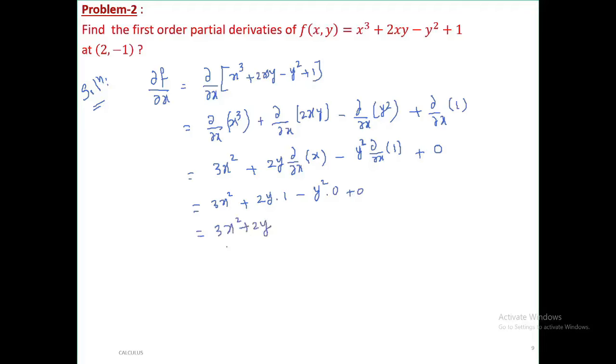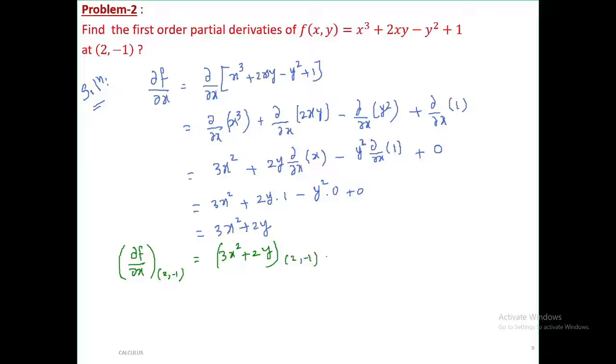Or you can do it by using first principle also. It becomes somewhat lengthy, but you can do it using first principle also. Now, what I want is at the point (2, −1). So ∂f/∂x at the point (2, −1) is 3x² + 2y.